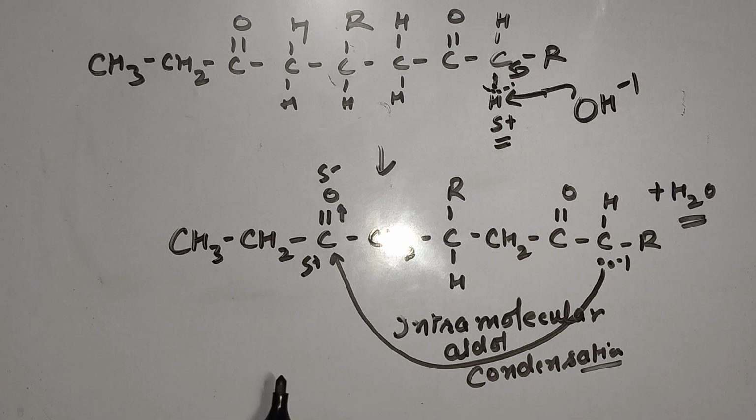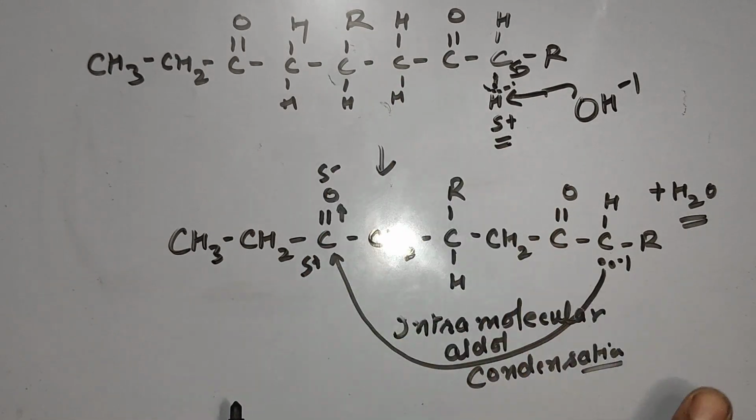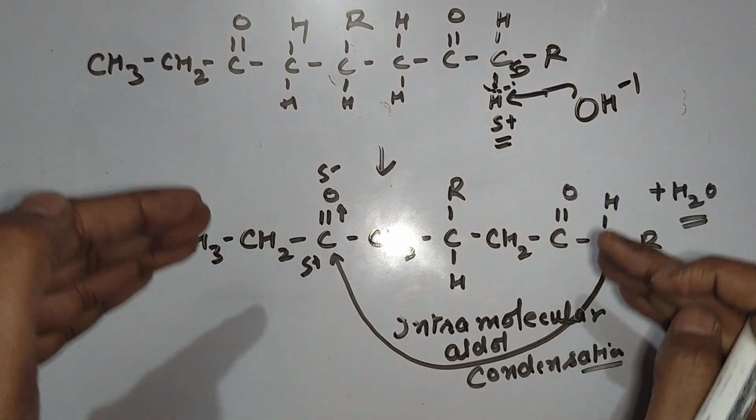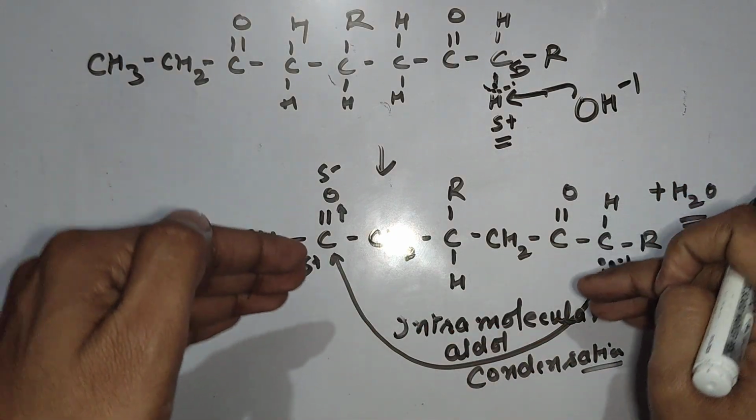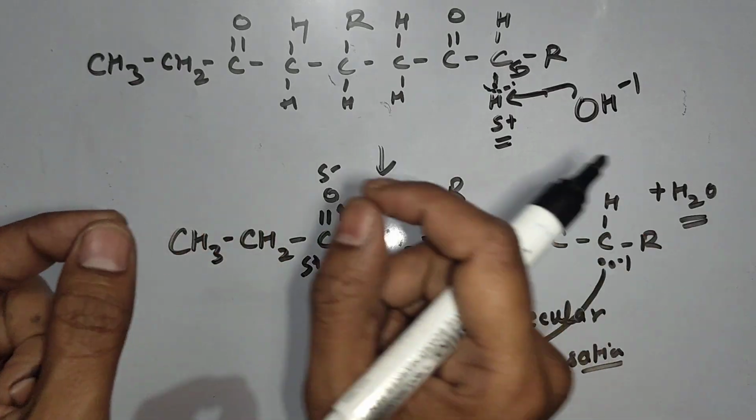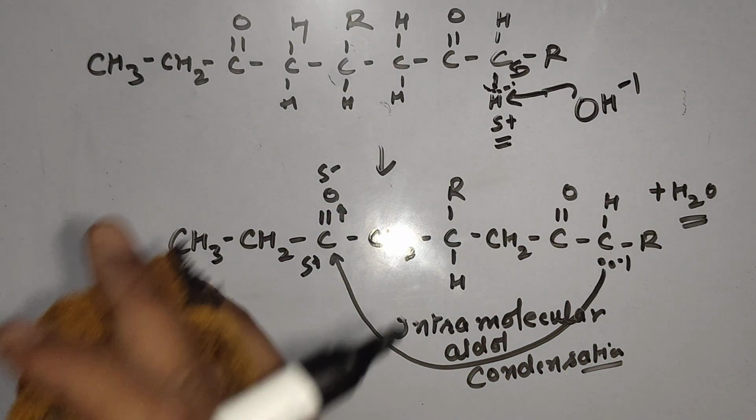So Robinson annulation is a combination of two reactions: Michael addition followed by intramolecular aldol condensation. Now after this cyclic arrangement, let's check what will be generated.